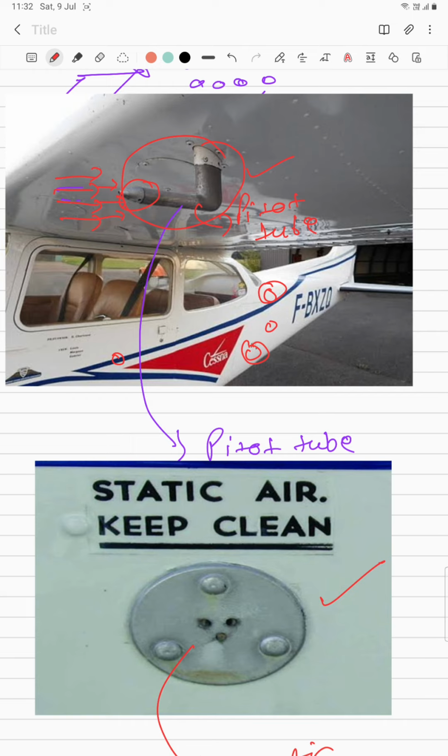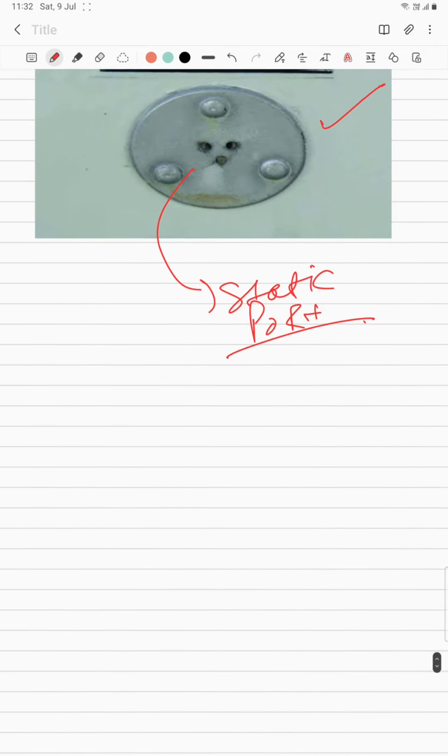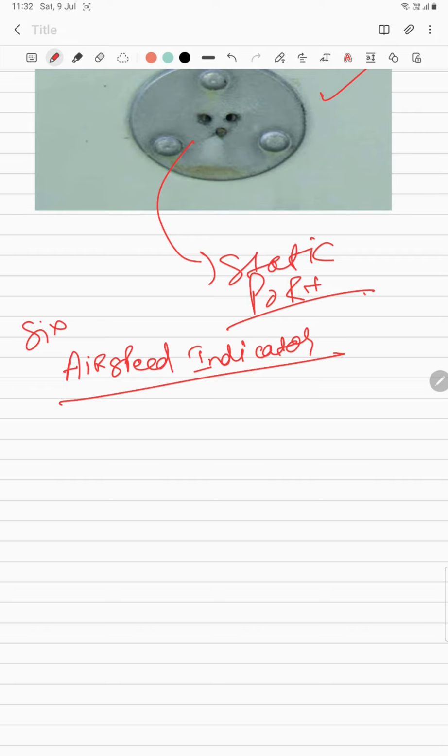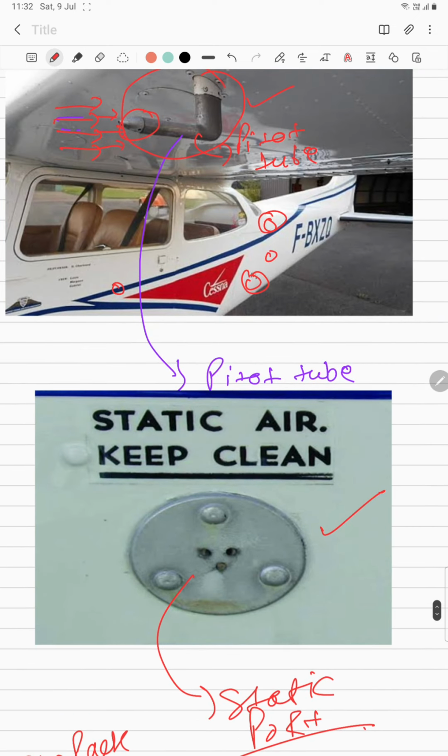I think I'm going to make one more video on this topic, and this Pitot static will be clear to you guys. The next topic we will pick up in the series of instrument navigation is your airspeed indicator. This will be the first instrument we will talk about in detail in the six pack, after we understand the concept of Pitot static.